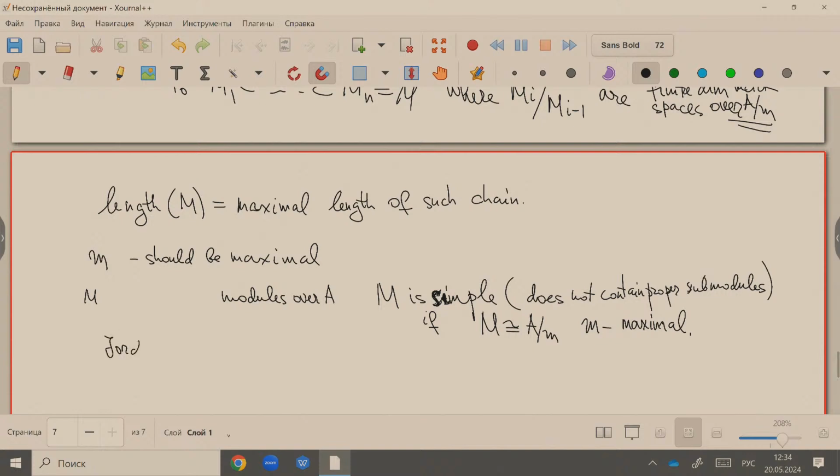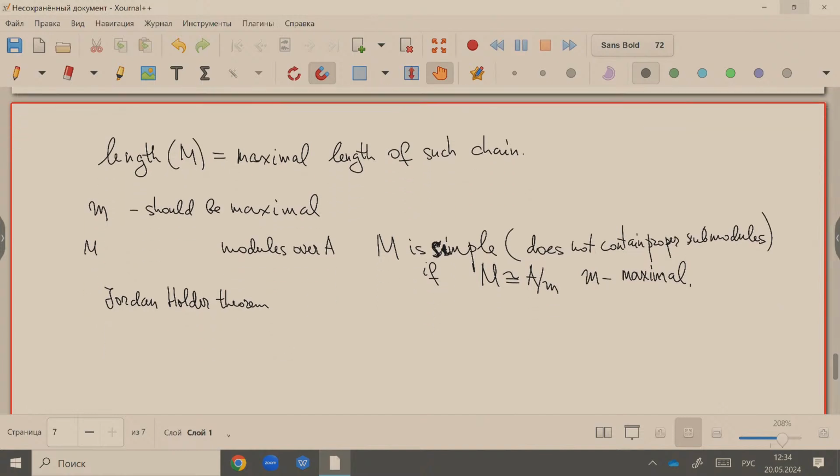And Jordan-Hölder theorem. It says that modules can be filtrated. So if you have a module, that collection of modules where the quotients are simple. So two collections of modules.